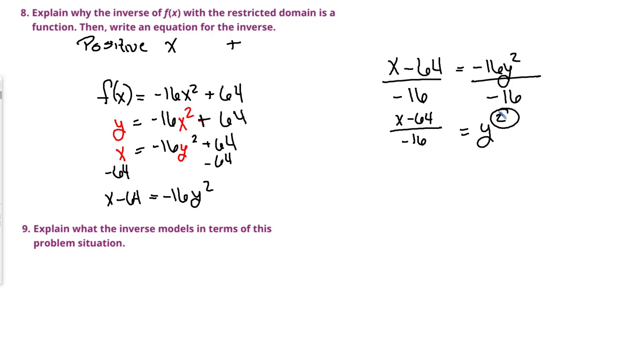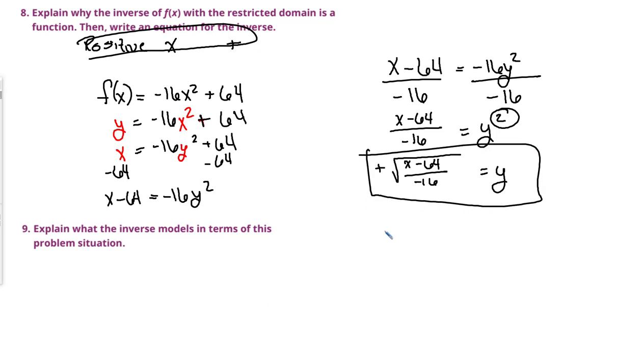Now I've got to undo the squared. So you're just going to take the square root of both sides. And so without the restriction, it'd be plus and minus. But since we have that restricted to just the positive, it's just going to be the positive of it.